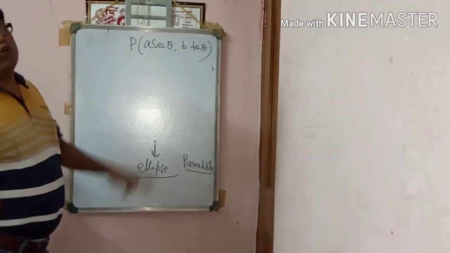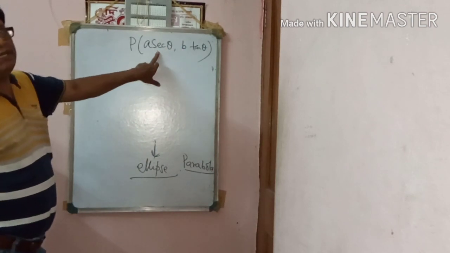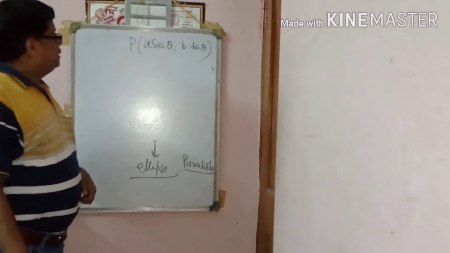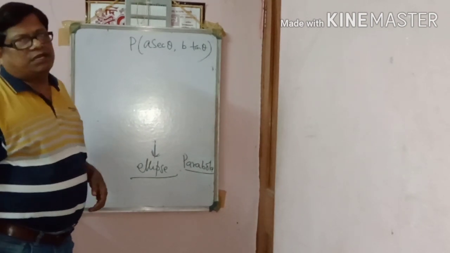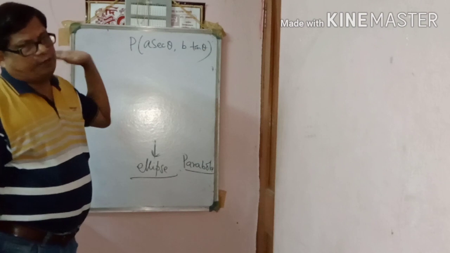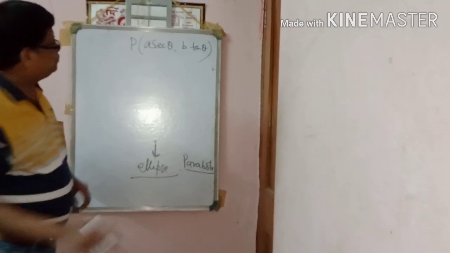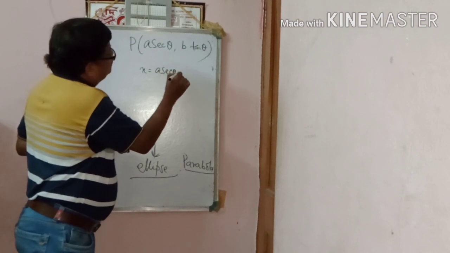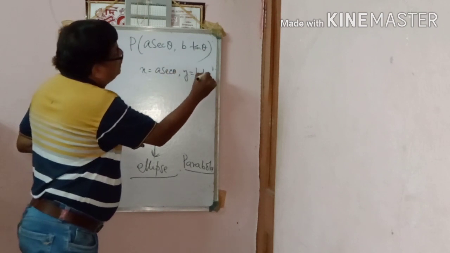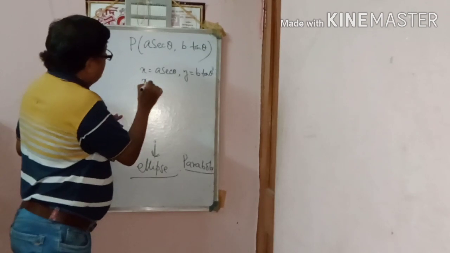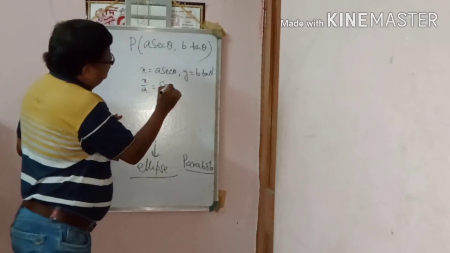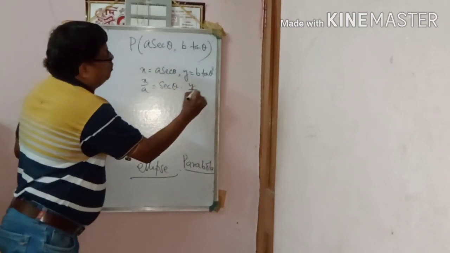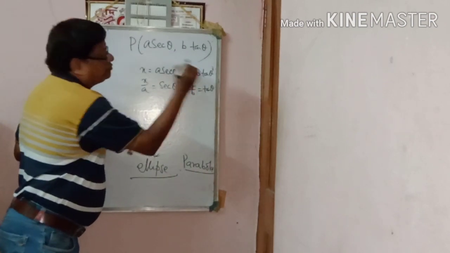P, the coordinate of P is A sec theta, B tan theta. This is given. Then, what is the locus of the point P? Similar way, let x equal to A sec theta, y equal to B tan theta. Now, x by A equal to sec theta, y by B equal to tan theta.